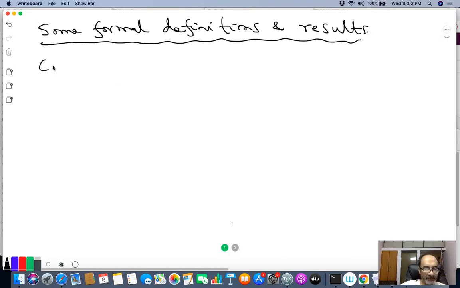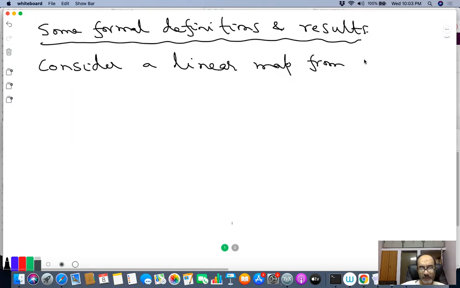So we'll consider a linear map from some Hilbert space H1, and we'll be assuming finite dimensional Hilbert spaces.